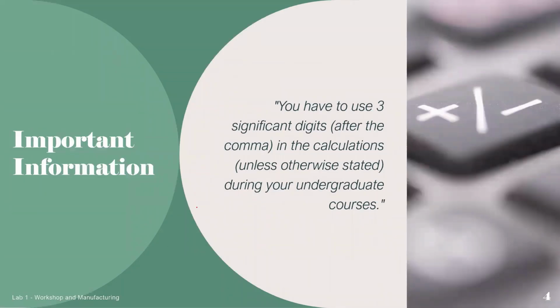So here's the important information. In your undergraduate courses, you have to use 3 significant digits, unless otherwise is stated. Let's say in your homeworks or in your midterms, finals, whatever it is, you were calculating some distance, for example, and you see this value in your calculator.